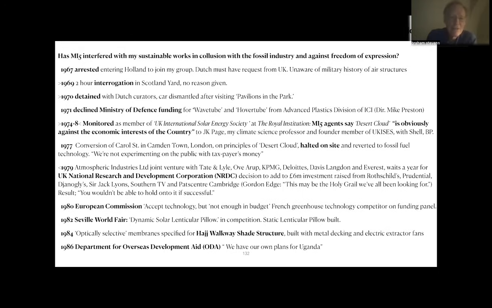In the Seville World Fair, the structure I showed with the dynamic solar lenticular pillow working on the sun, a static lenticular pillow was actually built for, I think it was the German pavilion.